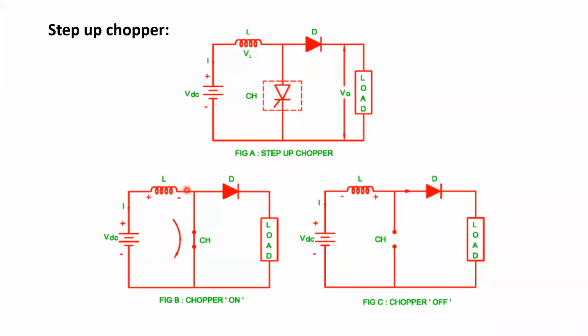So initially the current flows only in the chopper path, and not in the diode path, because the diode path has resistance compared to the chopper path. The path is supply voltage, inductance, chopper and back.